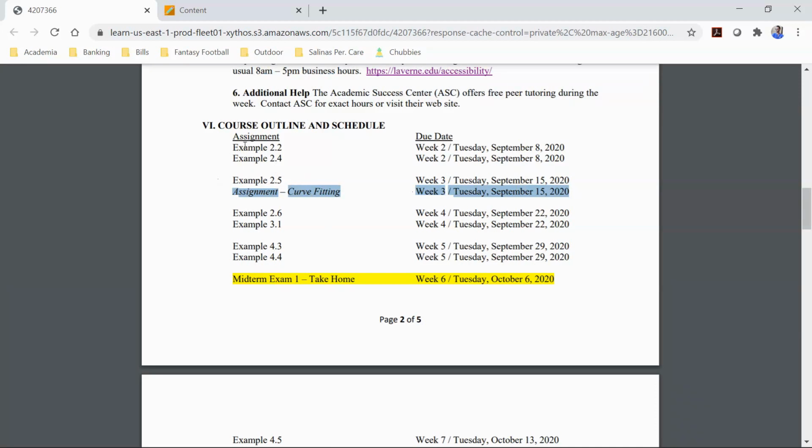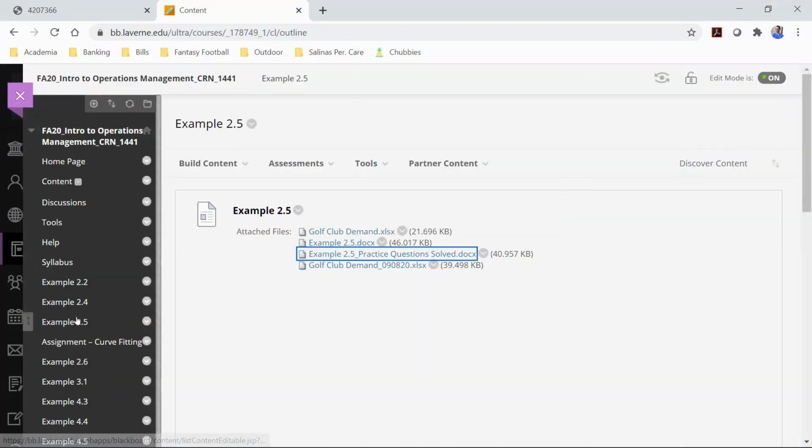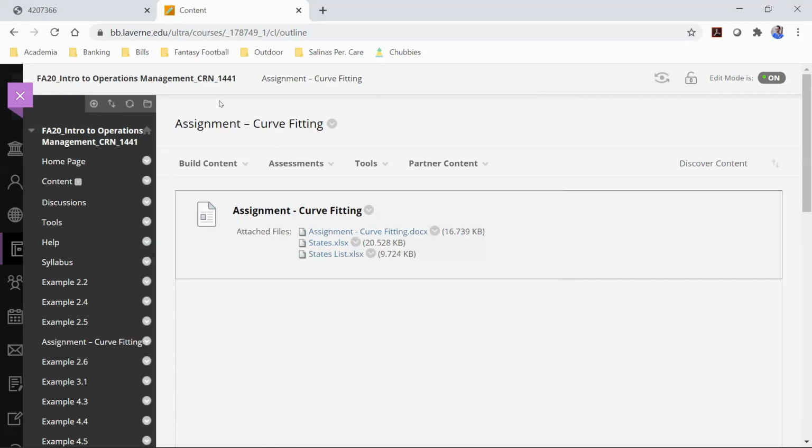So go back to Blackboard, and then the next section is assignment curve fitting. Okay, so let's go ahead and open the assignment curve fitting document. That just tells you what I want you to do.